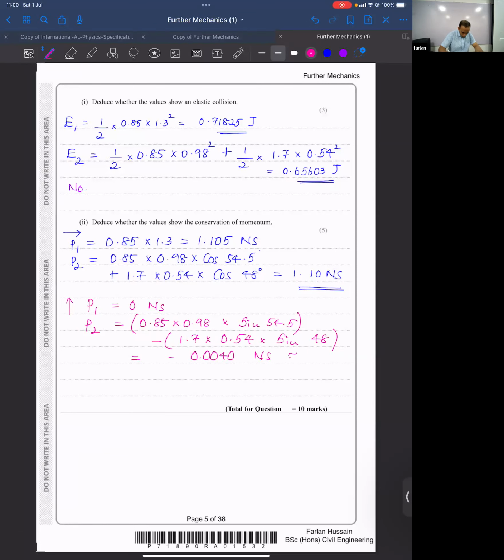Which is almost 0. Agree? So initial momentum in the y direction is 0. Final momentum in the y direction is also 0. So that means the momentum is conserved. So my conclusion here: deduce whether these values show the conservation of momentum. Yes, momentum is conserved in both X and Y direction.